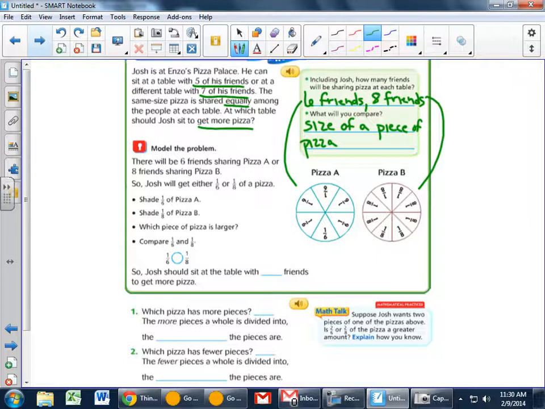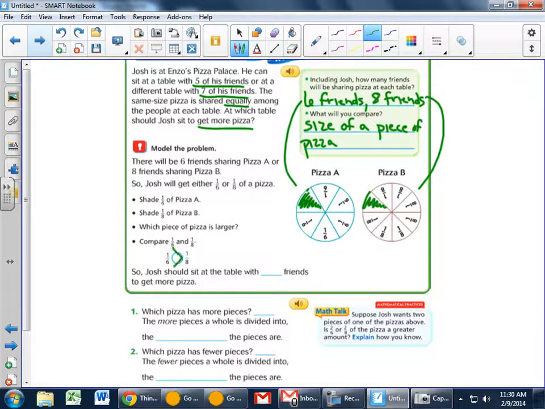Okay, so Josh will either get 1/6 of a pizza or 1/8 of a pizza, and he wants to know which one will be bigger. So on pizza A, we're going to shade 1/6, and on pizza B, you're going to shade 1/8. So which one, looking at those 2 that you just shaded, looks bigger? Okay, it looks like the 1/6 piece is bigger.